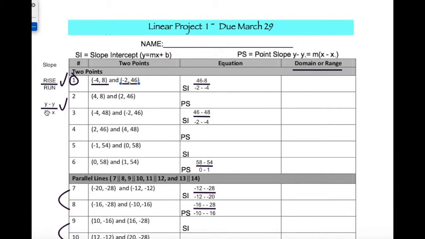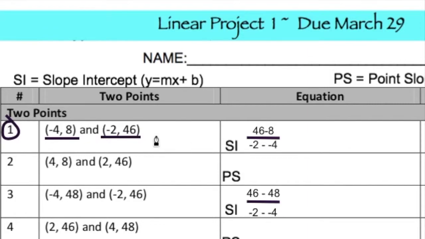But it's a lot easier when the numbers are bigger like this to use a formula. So all I'm going to do is take the 2 y values and subtract them and put that over the 2 x values and subtract those and then simplify. So in line number 1, I have 46 minus 8 in the numerator, and then negative 2 minus a negative 4 in the denominator.